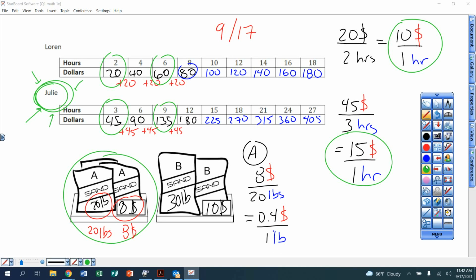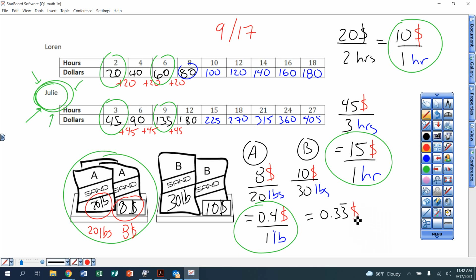That's how much you're buying sand at store A. If I do store B, take that money, which is $10, always money on top, divided by 30 pounds on the bottom, gives me this one's unit rate. 10 divided by 30 is 0.3 repeating. And that is dollars for every pound.